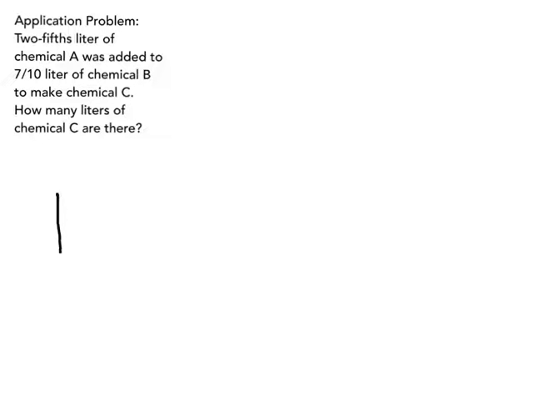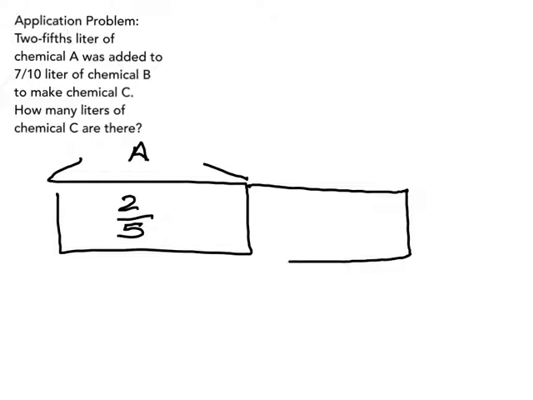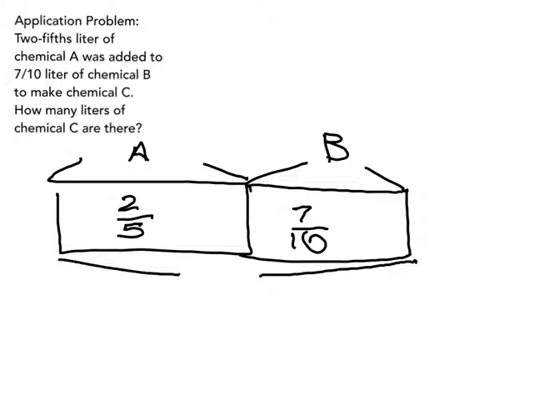First thing we're going to do is we know that we have 2/5 of chemical A, and we know that we have 7/10 of chemical B. And if we add all this up, this will equal chemical C, which we don't know the total. So let's make up our addition problem.